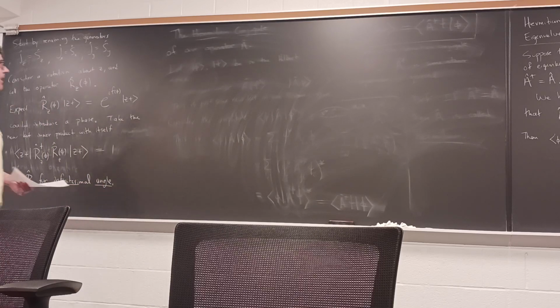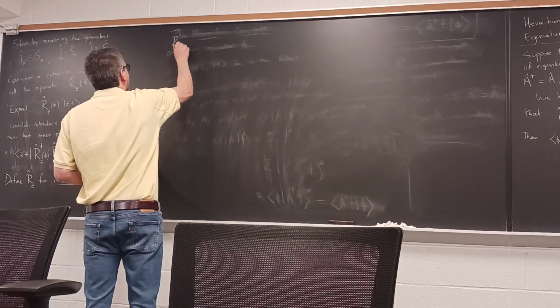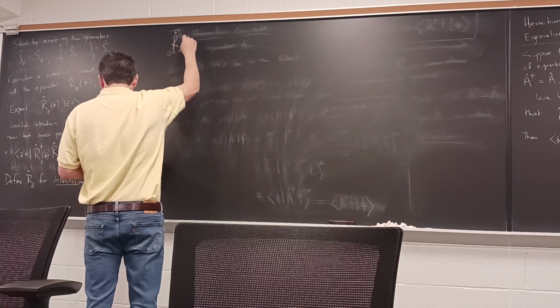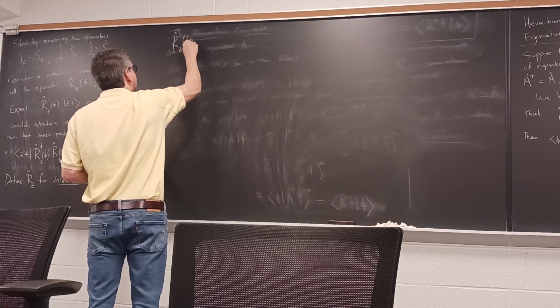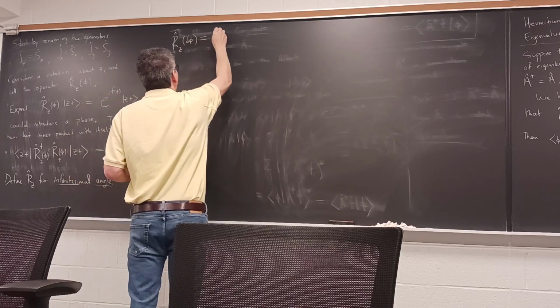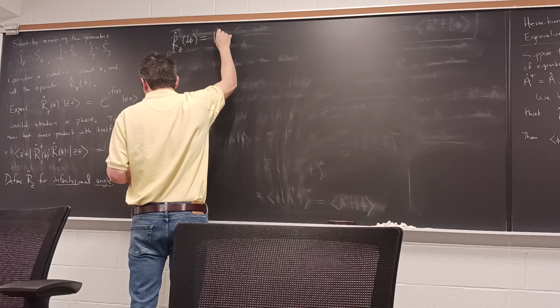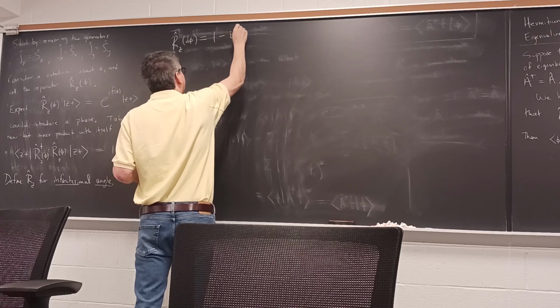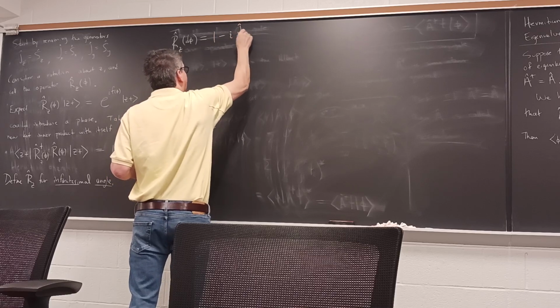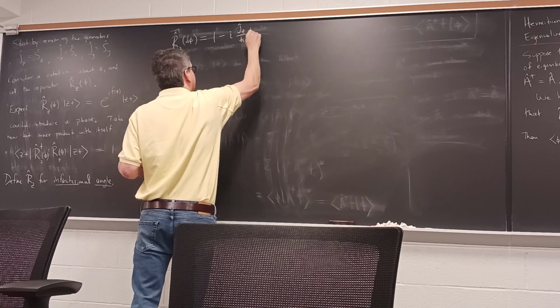And so for that, let's write it as RZ hat of d phi, let's call it d phi. So I'm going to write it now. I'll write it first, this will be 1 minus I j hat z over h bar times d phi.